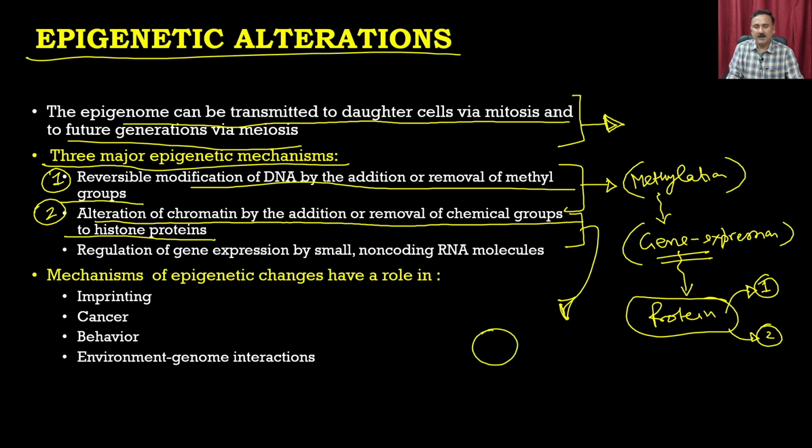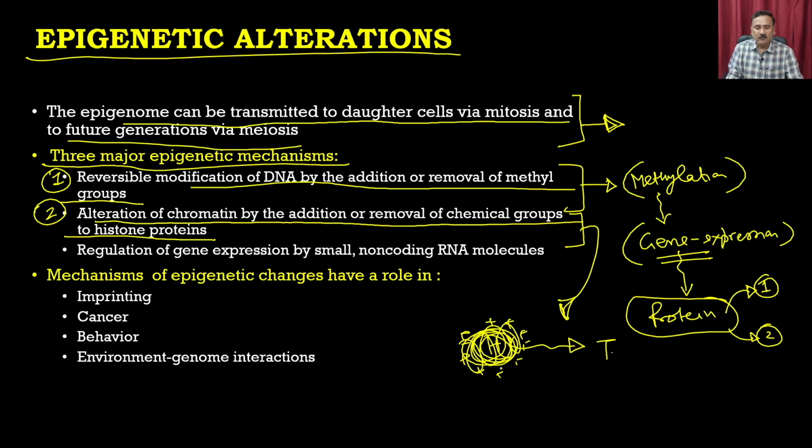Histones are positively charged proteins. When we were discussing the nucleosome, we discussed this, right? Histones cover the DNA, and this DNA present on the histone core will not be allowed to participate in any of the downstream reactions, like replication, transcription, and so on.